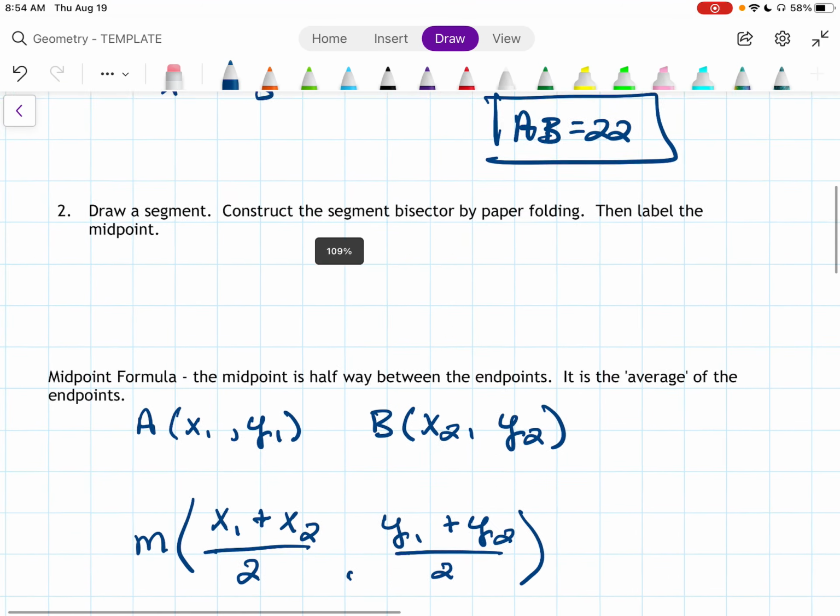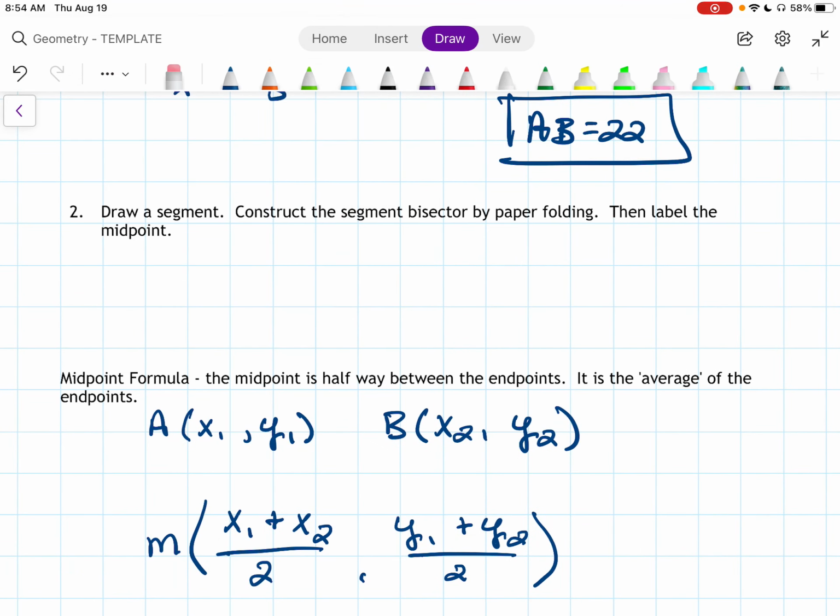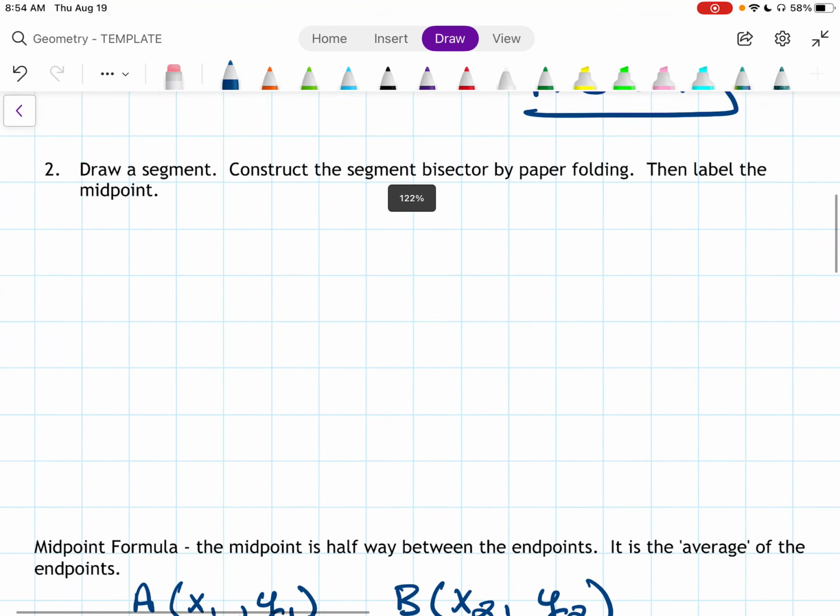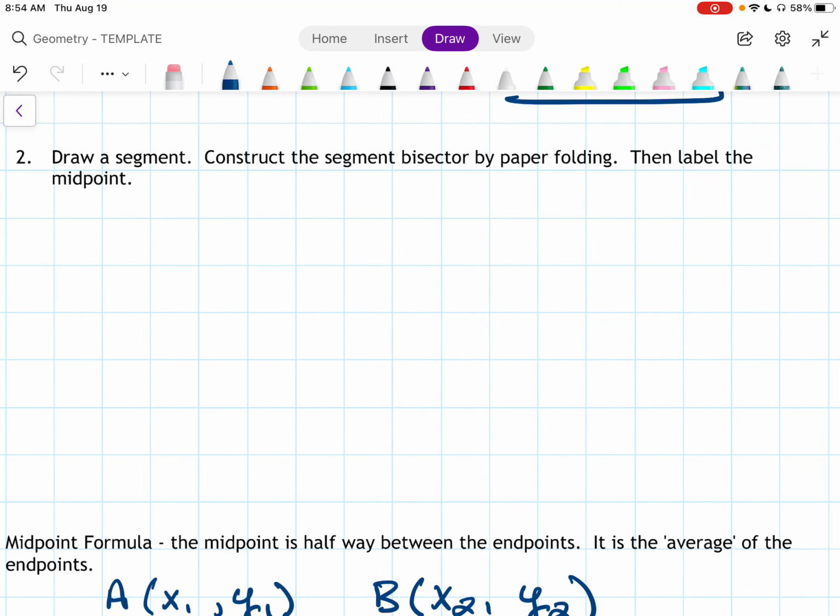Number 2. Now this is going to be one where I can't really show you how to do it, but I can explain it. Starting off, we're going to draw a segment A, B. And then it says construct the segment bisector by paper folding. And that means literally fold your paper. I want you to fold it to where B and A match up.